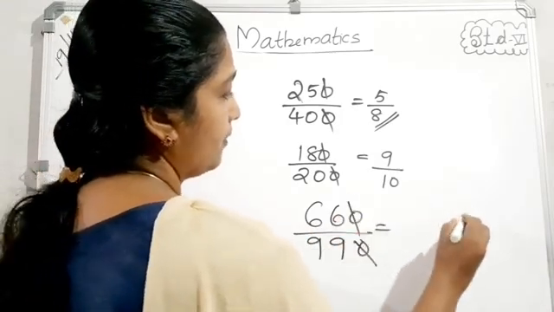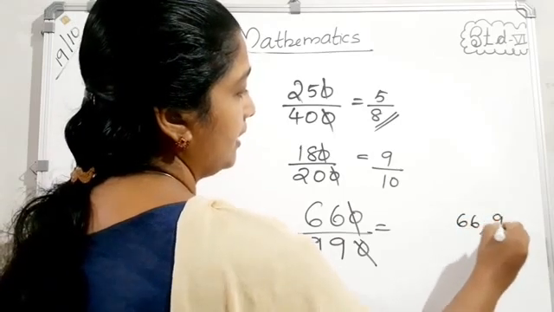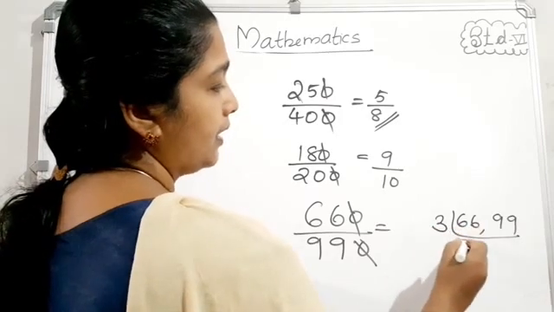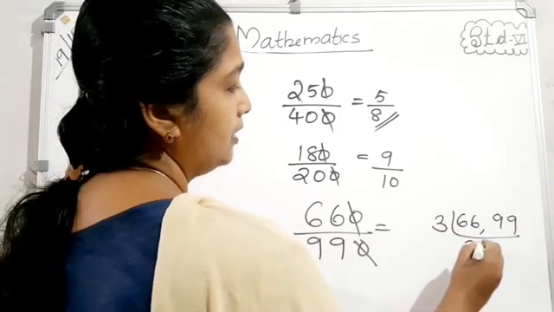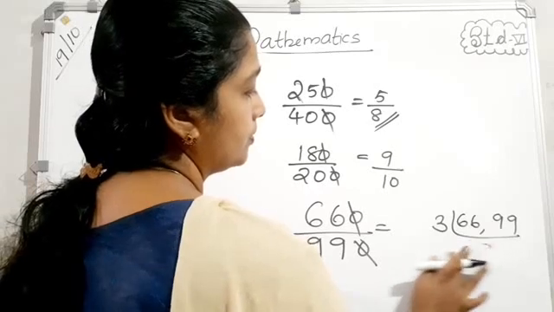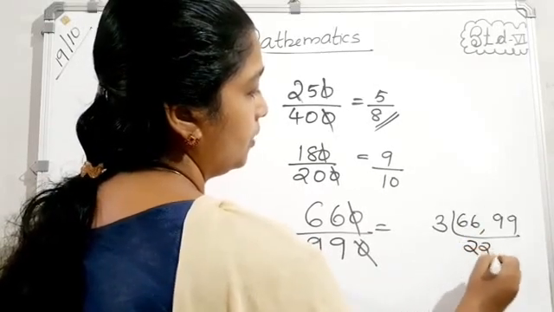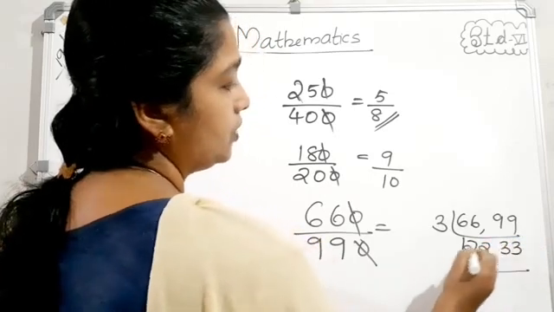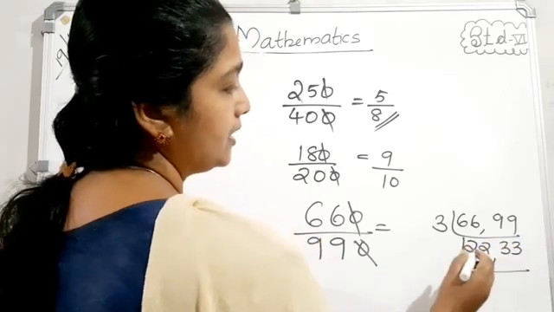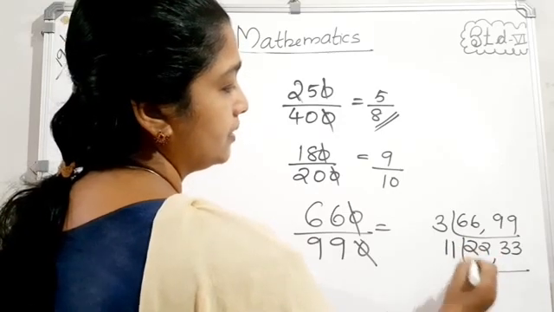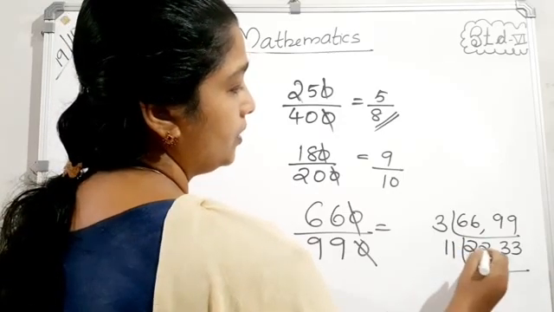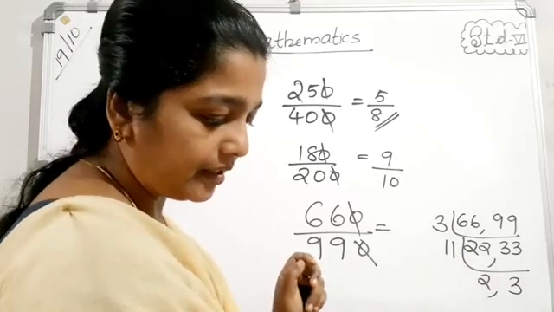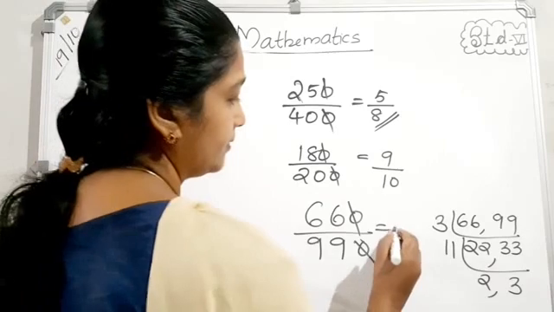So, which is the common factor here? 3. 66 and 99. 66 by 3 equals 22, and 99 by 3 is 33. Again, listen, which is the common factor? 11. Then 2 into 11, 22, 3 into 11, 33. That is the final answer. That is 2 by 3. That is equal to answer A.